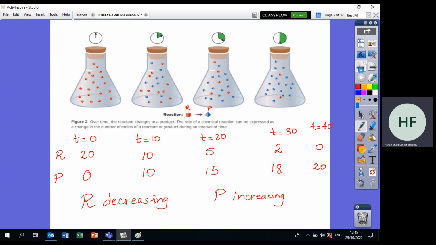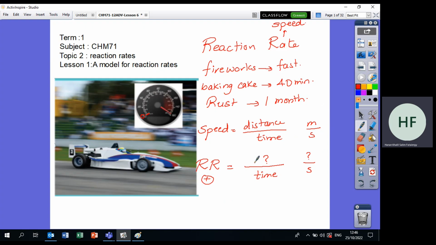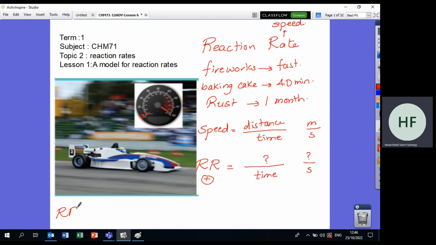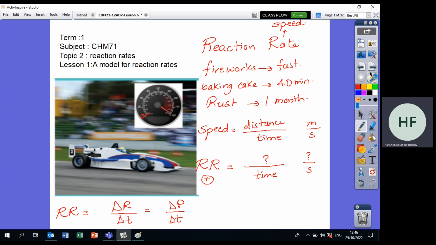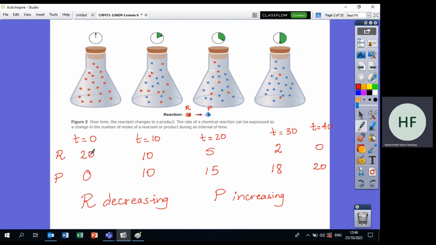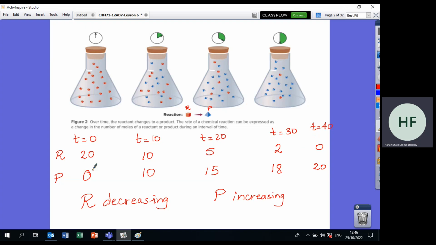So let's come back to this rule. Now, instead of distance, I will say reaction rate is equal to change in reactants over change in time, or it's equal to change in products over change in time. Because here we have two things changing. We have the reactants changing and we have the products changing.